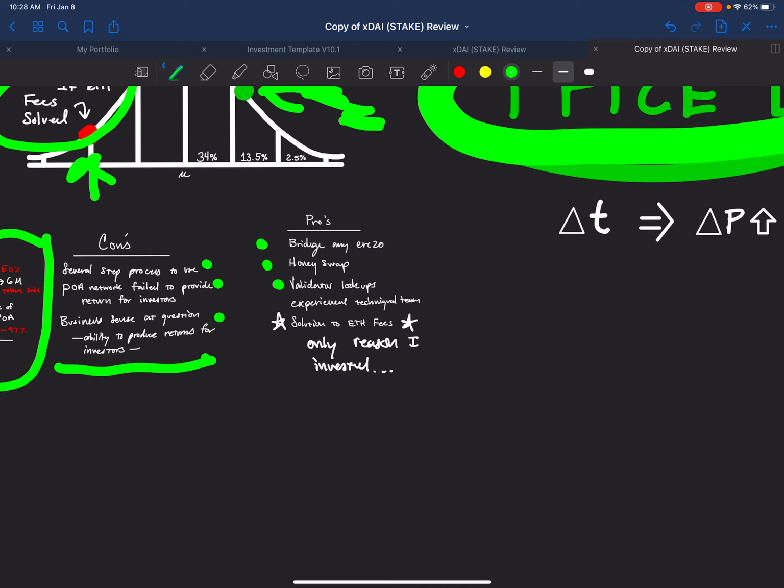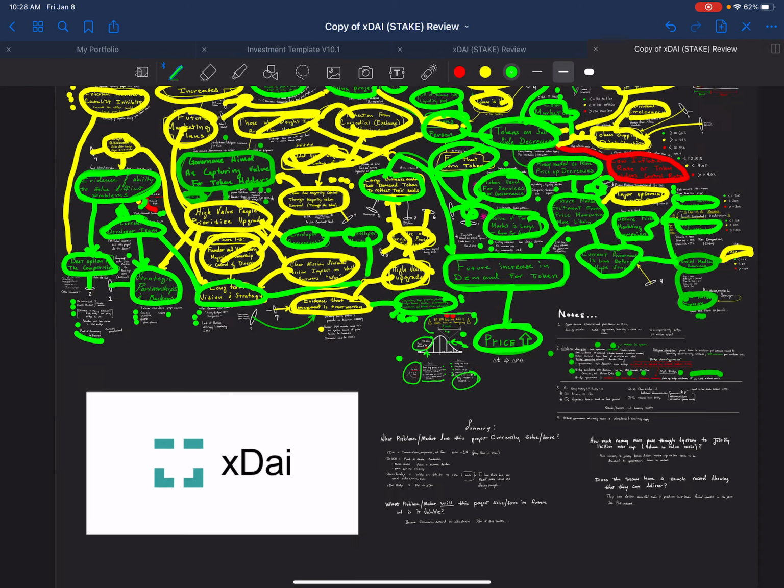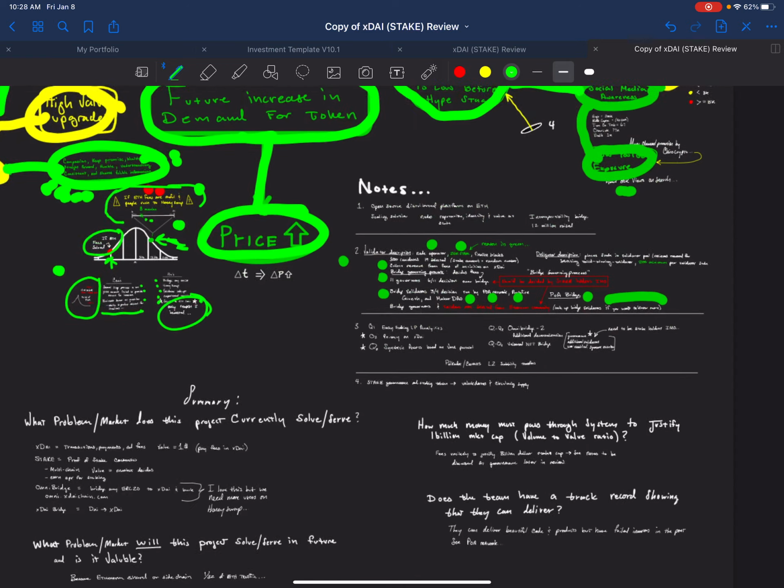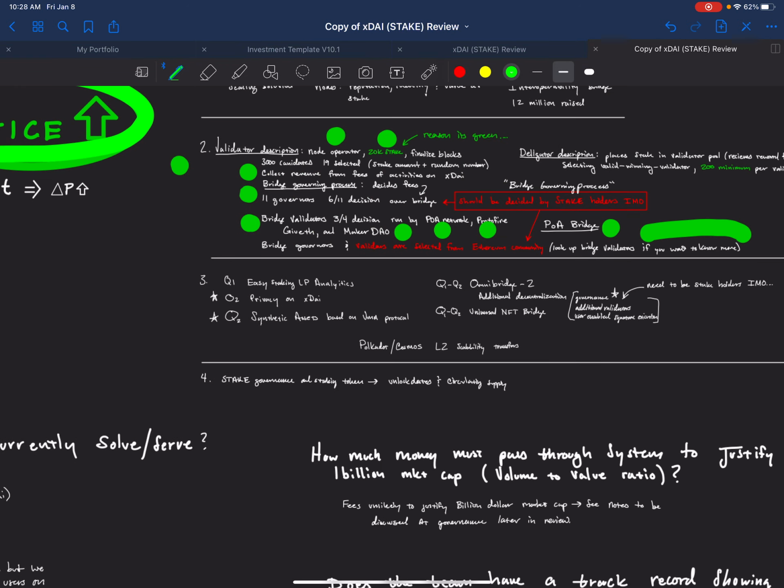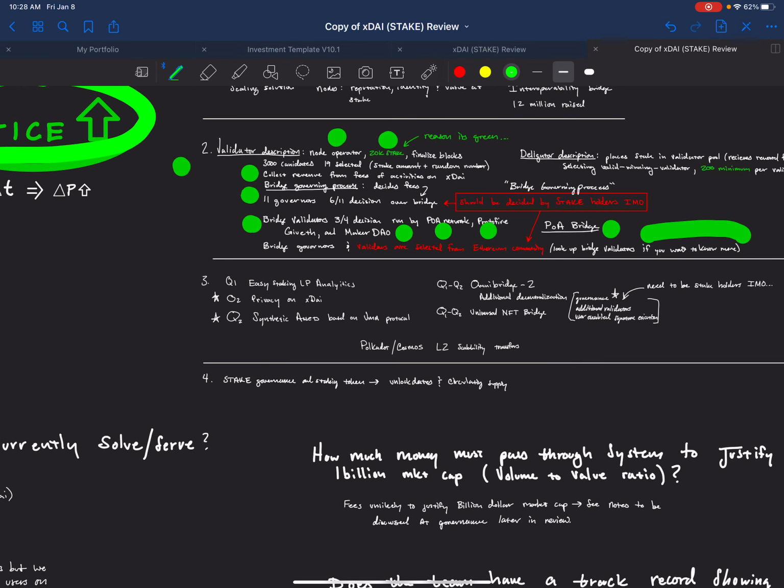Validator lockups keep supply down. Experienced technical team. It's basically a solution for Ethereum fees, which are awful. So it's the only reason I invested, and we'll see how it plays out. You know, I wouldn't put everything into this one, but it is certainly a strong project to have if you're aware of the Ethereum ecosystem.